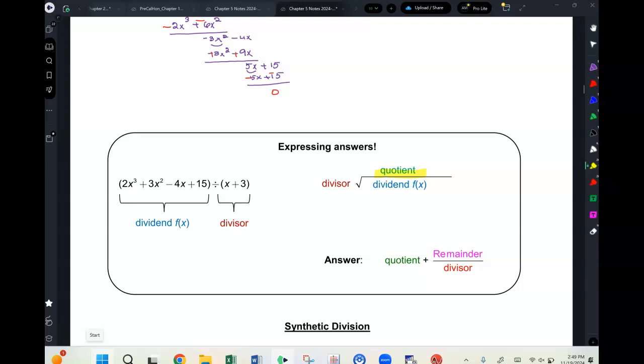Now, the answer is written as the quotient plus, if there is a remainder, we haven't had it so far, but if there is a remainder, you write it as the quotient plus the remainder over the divisor. So quotient plus remainder over divisor.